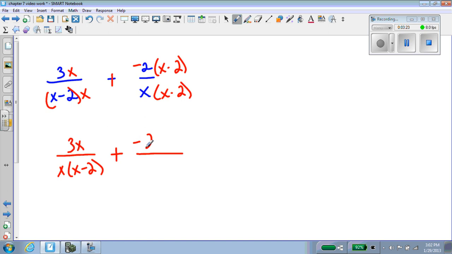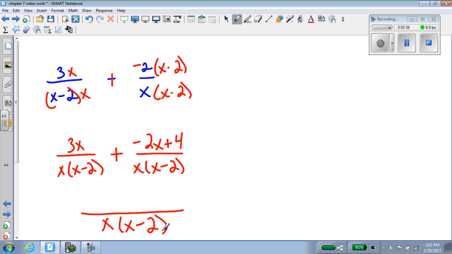So negative 2x plus 4 over x minus 2. So now my common denominator is x minus 2, and my numerator, oh, I have some like terms this time. For the first time ever, I have some like terms. 3x and negative 2x are just x, and then plus 4. And there's my answer.